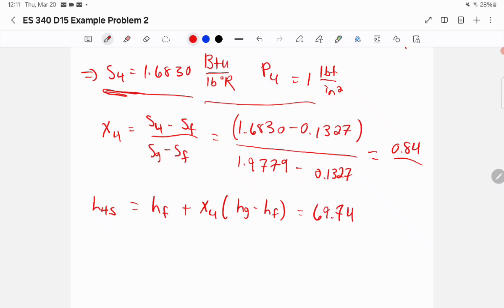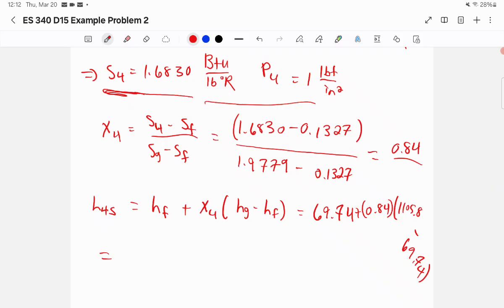69.74, that's my HF, plus 0.84 times 1105.8, that's my Hg, minus 69.74, which was obviously my HF.